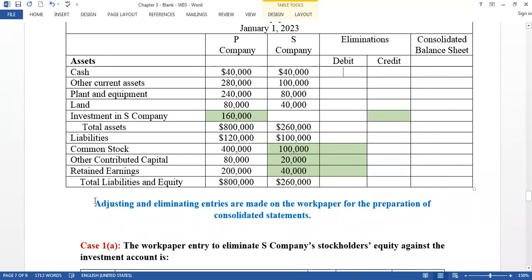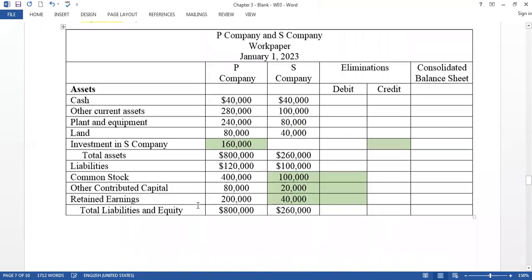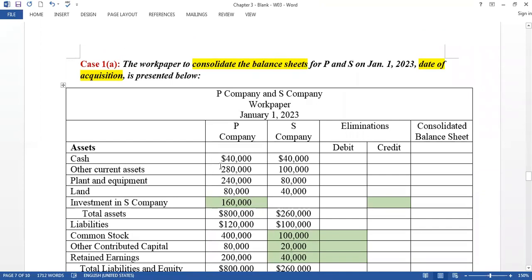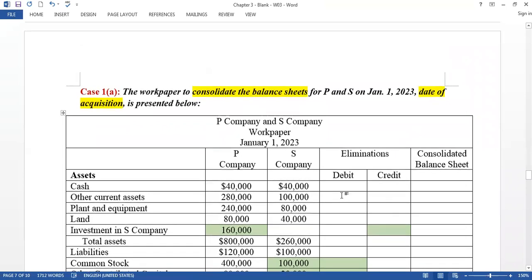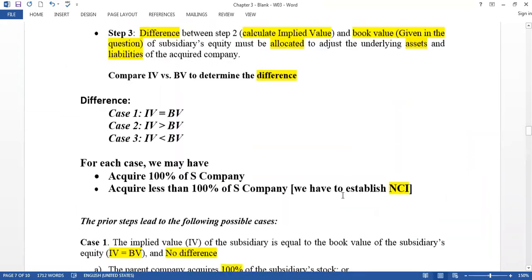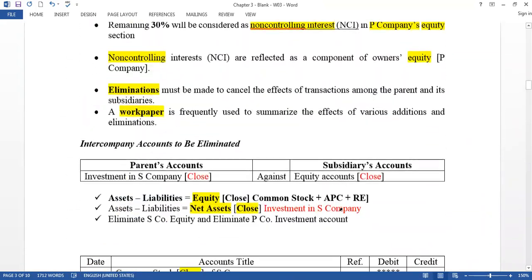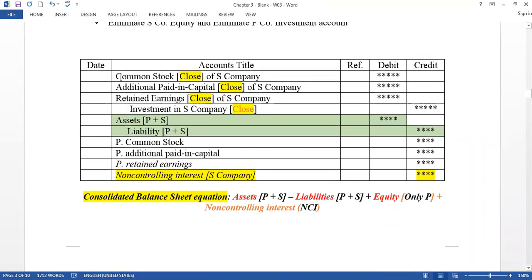So my suggestion, if you want to solve it 100% accurately for chapter 3 or chapter 4, is to do some journal entries first. The journal entry I explained before. So we have to do this kind of journal entries first.